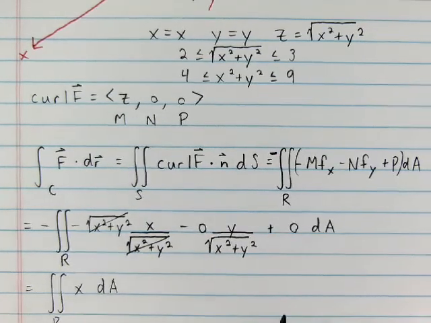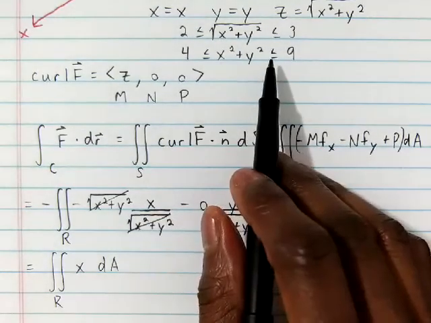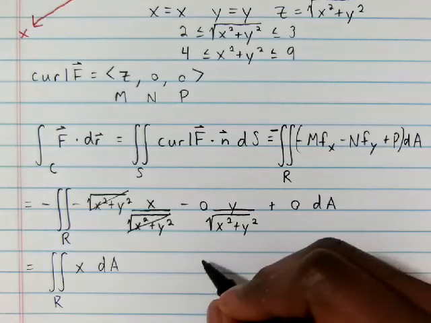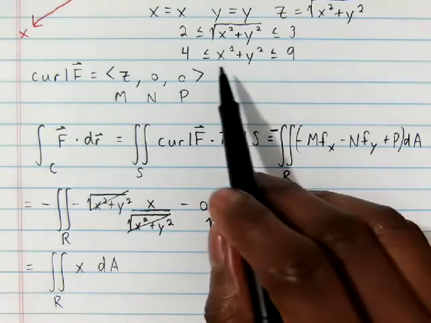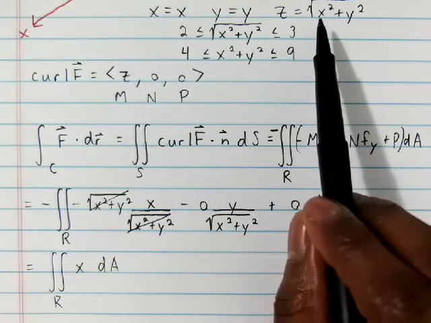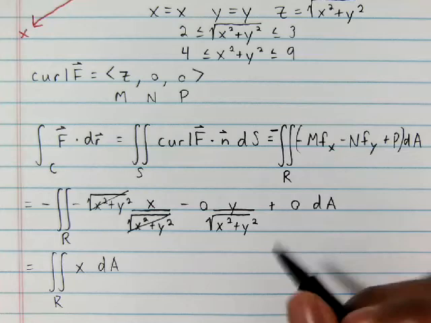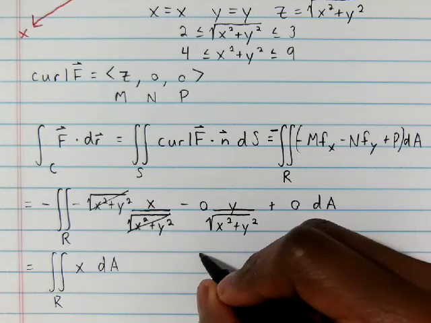Now we look at our region R, which is this region right here, and let's sketch that. So am I missing something? I think I am. x squared plus y squared. Oh no, okay, I already have everything. So, sketching our region.